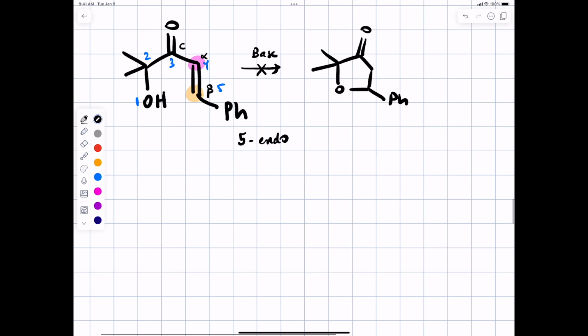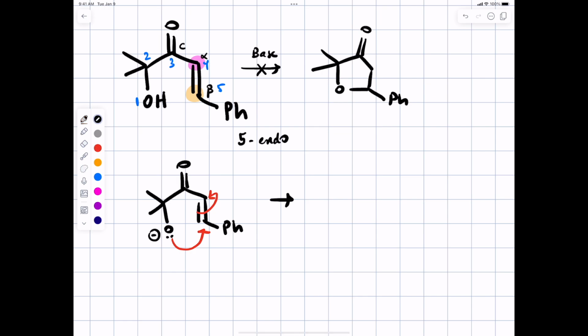The proposed mechanism would be the negatively charged alkoxide attacks and does conjugate addition. We could draw either resonance structure. This is the proposed enolate intermediate, where I'm leaving the negative charge on the alpha carbon just so it's clear where it is, right?